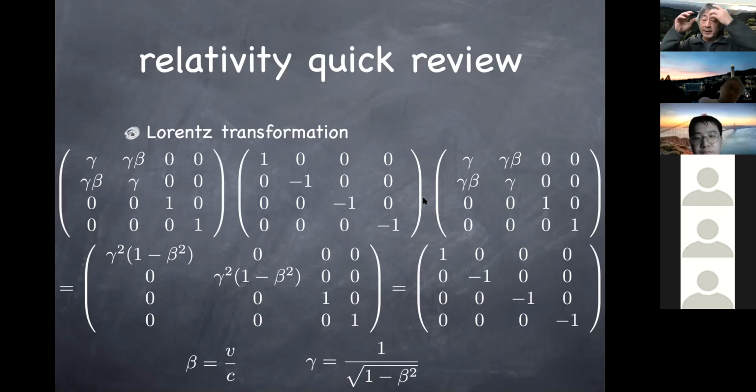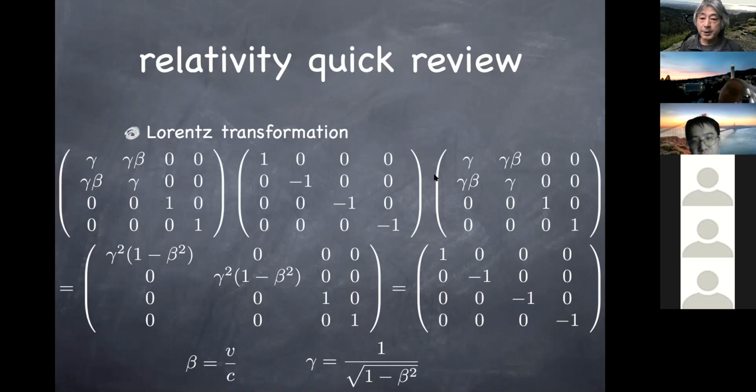So the requirement that the inner product of two four-vectors doesn't change under the transformation corresponds to this product of matrices not changing the metric tensor. This is the idea that the coordinate transformation does not change the inner product of two four-vectors.